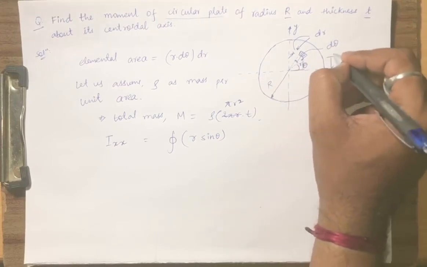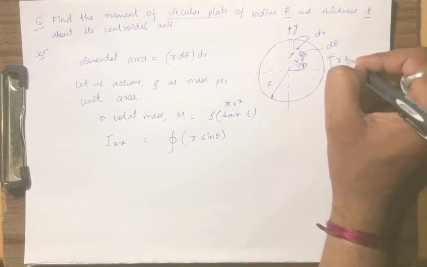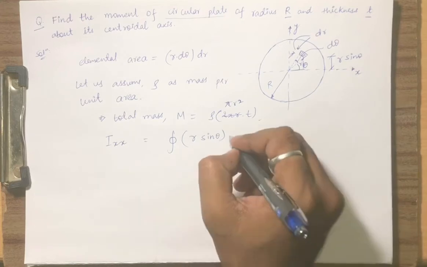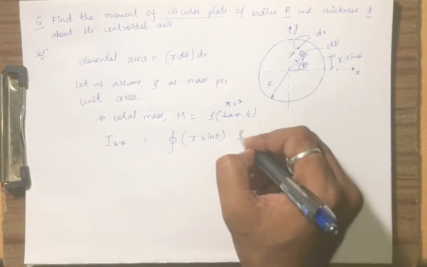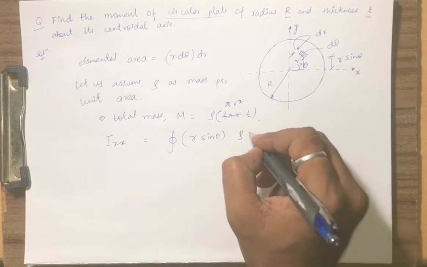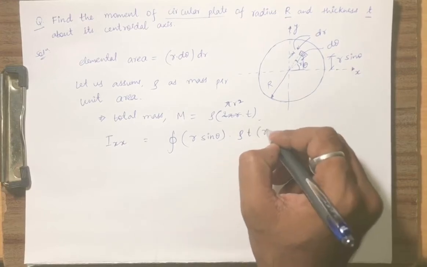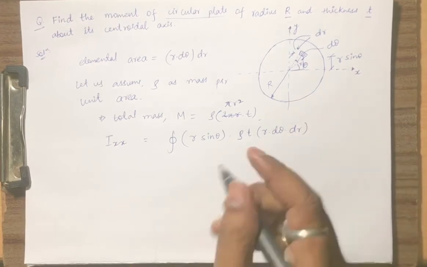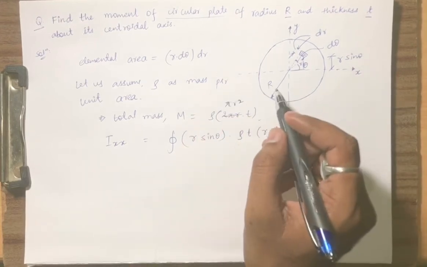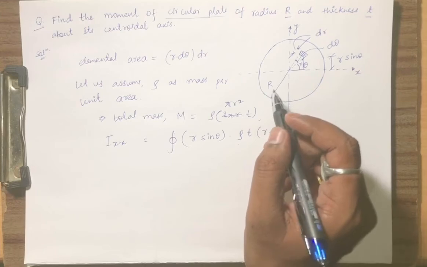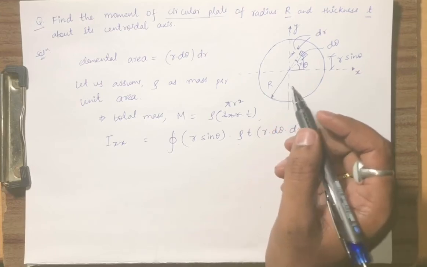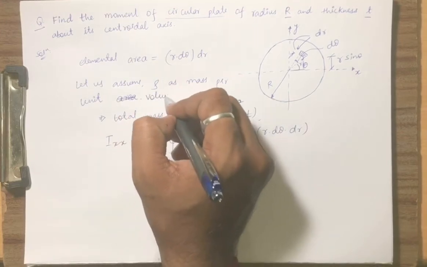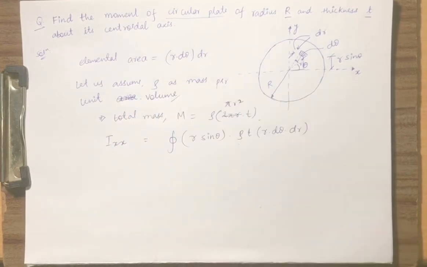So the distance of the element from the axis, and the mass of the elemental area will be rho t r d theta into dr. Okay, clear? So this is per unit volume, then it is okay.